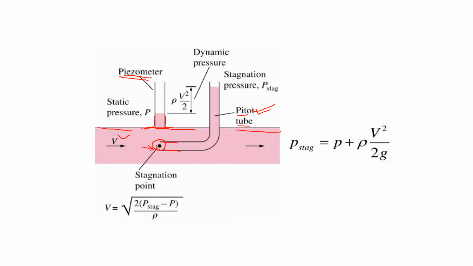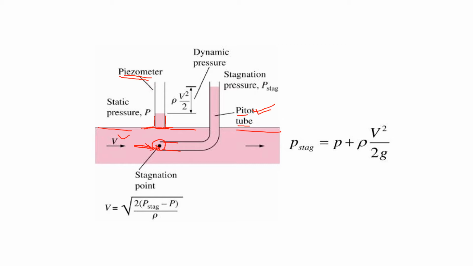Suppose, for example, one water particle or fluid particle tries to enter here, and its kinetic energy becomes 0. When its kinetic energy becomes 0, that energy has to be converted into some other form, right? So it is converted into pressure energy.